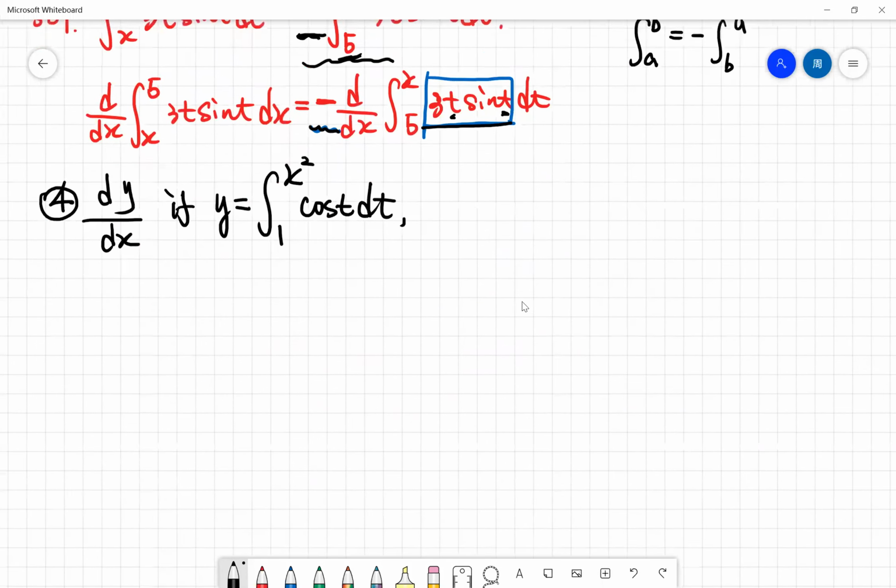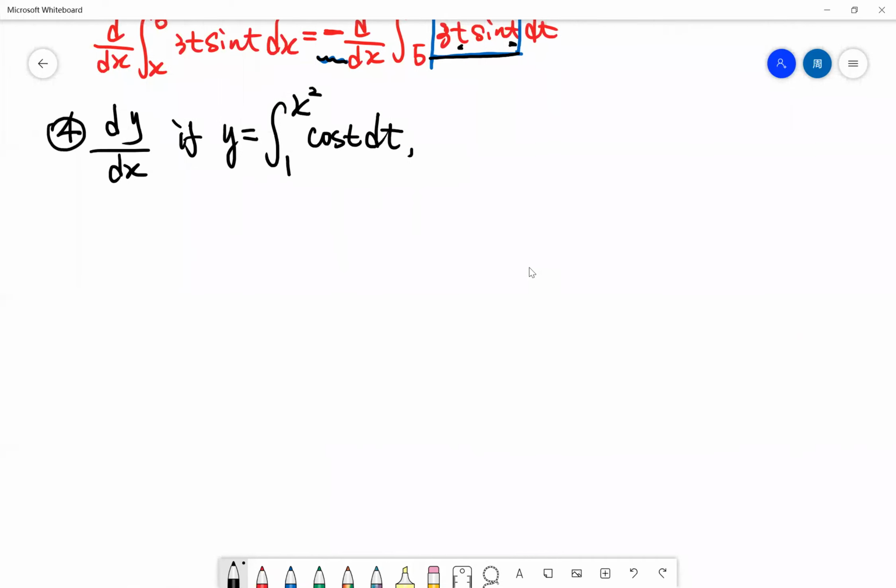For this question, you will find that things are more complicated, because the upper limit is not x, it is a function, x squared, right? So we cannot use the formula directly, but we can do something to change this definite integral to match the formula.